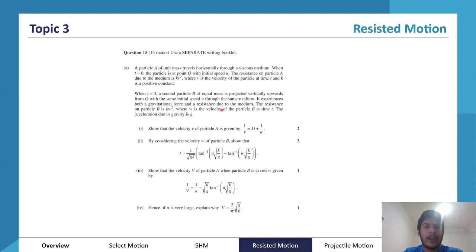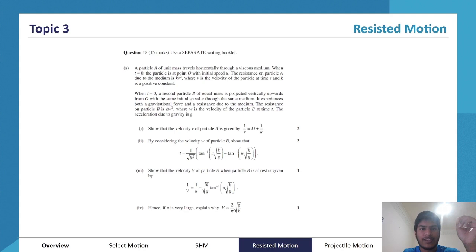So I have particle A of unit mass traveling horizontally through a viscous medium. When t equals 0, the particle is at point O with initial speed u. The resistance on particle A due to the medium is kv squared, where v is the velocity of the particle at time t and k is a positive constant. When t equals 0, a second particle B of equal mass is projected vertically upwards.